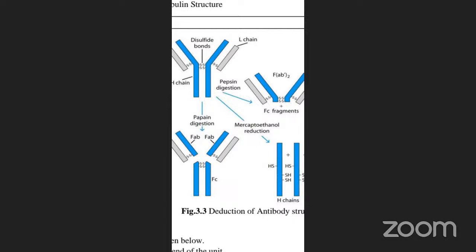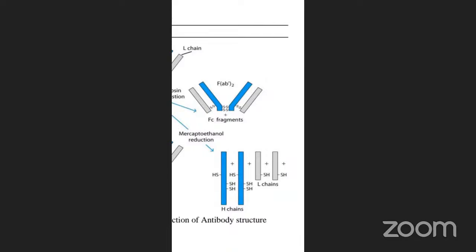But that separation is not happening here. Both FAB remain together like a Y shape, V shape. Now it is a V shape. But the bottom region, the FC portion, is getting separated. Only that cleavage is happening. Is it clear?